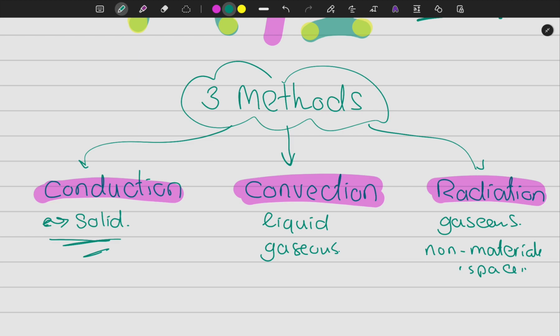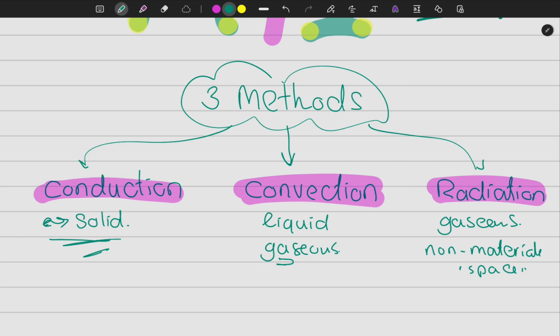What about convection? Convection, like in liquids and gases, is a transfer of heat in gases and liquids, where hot molecules which have less density rise upward, while colder molecules which have more density fall downwards.